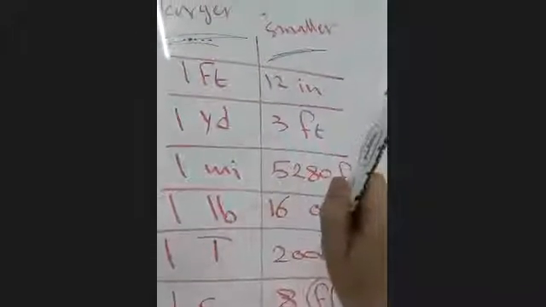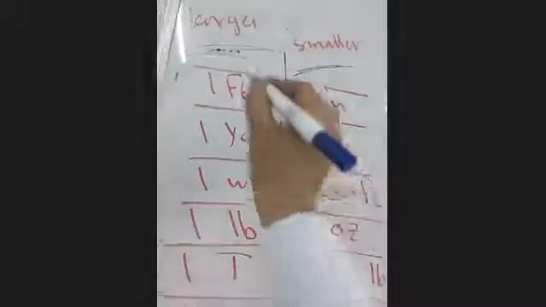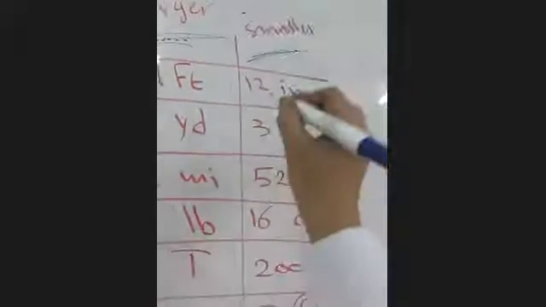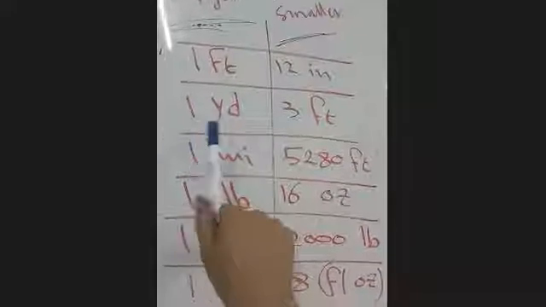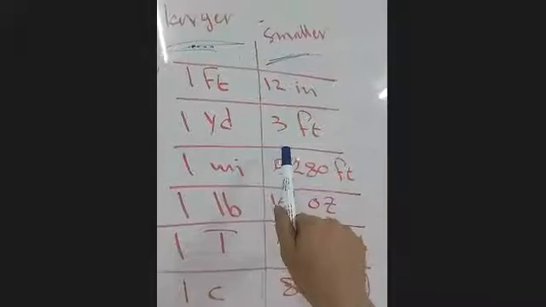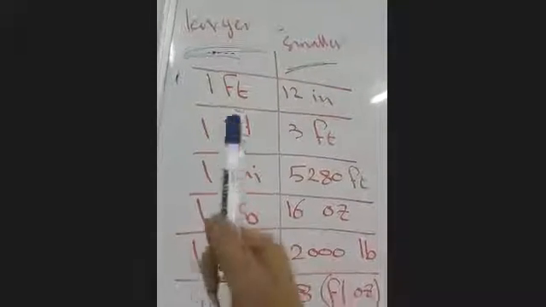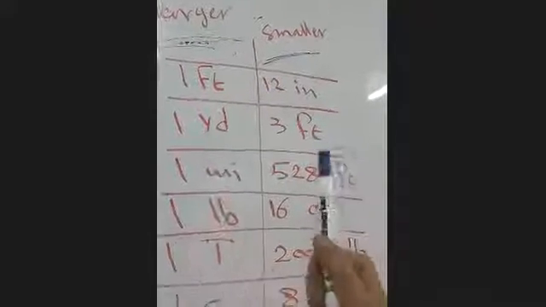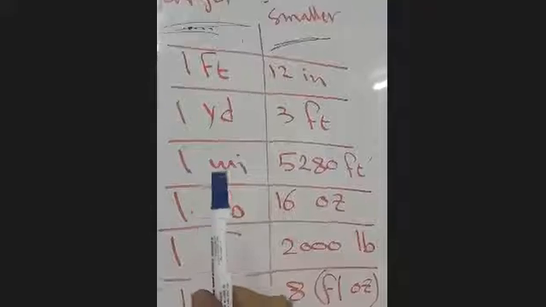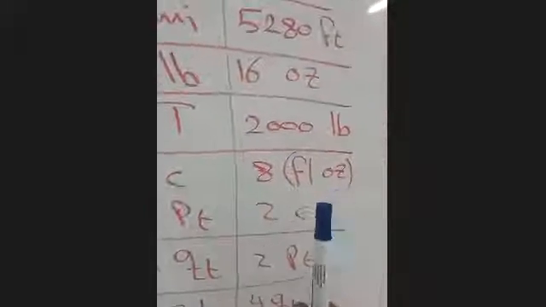The unit here is larger than the unit here. Not the numbers. I mean the unit. The unit yard is larger than the unit foot. The unit mile is larger than the unit foot. The unit cup is larger than the unit fluid ounce. Got it? Good.